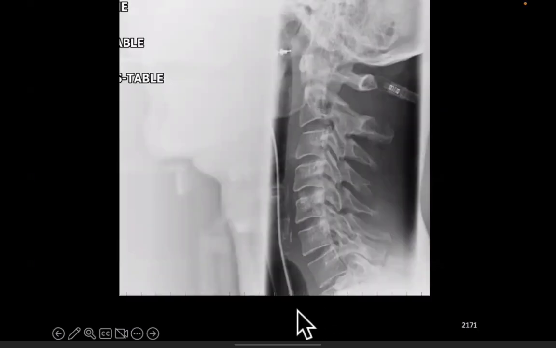Okay, this patient has fallen on a trampoline. Any thoughts?